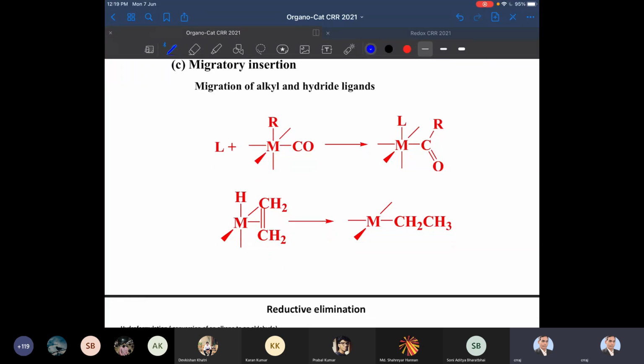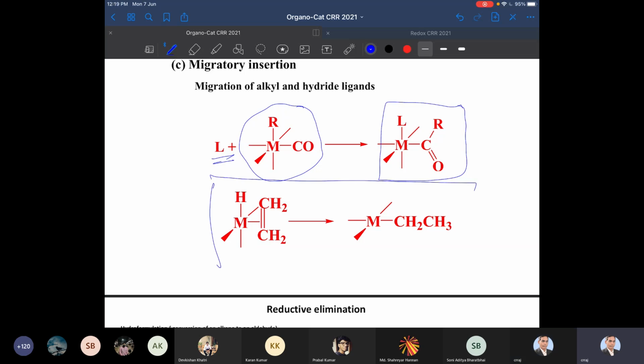Last class, I did not explain this migratory insertion with this diagram, with this representation. What we have here is a complex with an L, and then you have the L coordinated complex here. Now, what is supposed to happen is that a migratory insertion takes place. This is the general scheme. Now, look at what I have shown here. Here is a typical example.